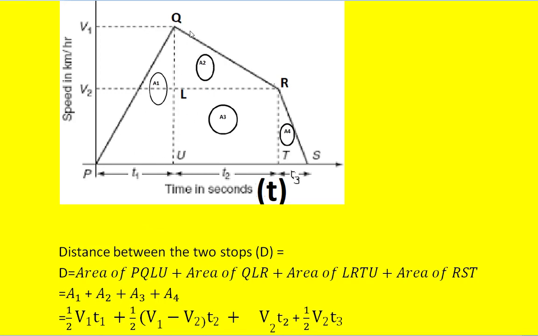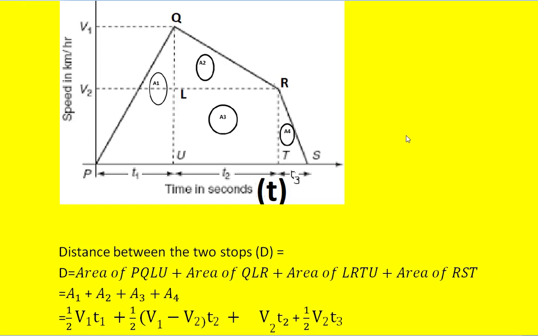Next, area of QLR. Next, area of LRTU, that is this, plus area of RST.